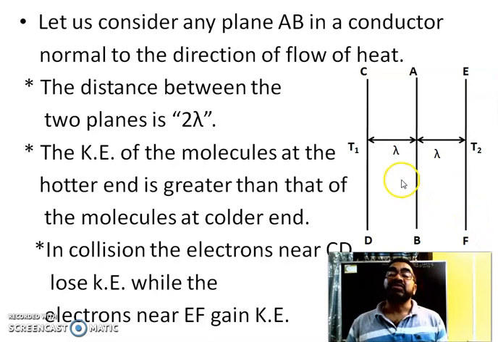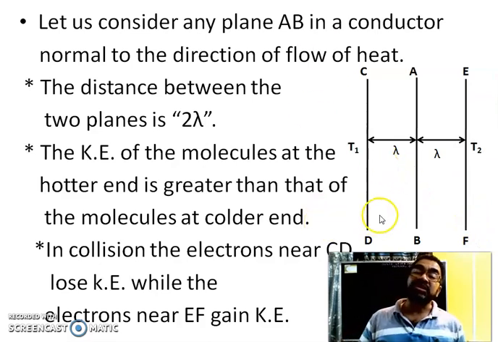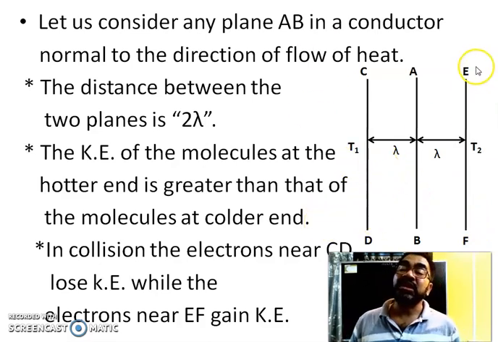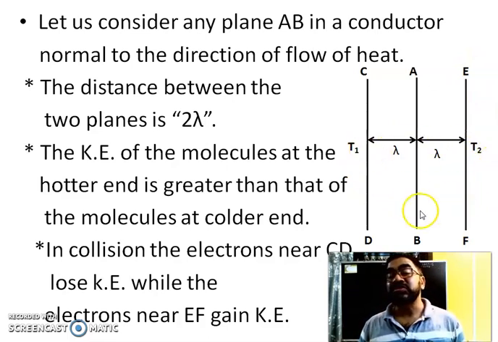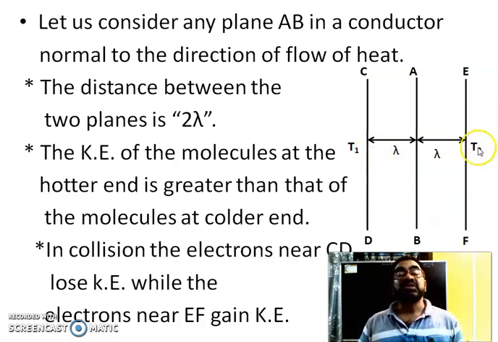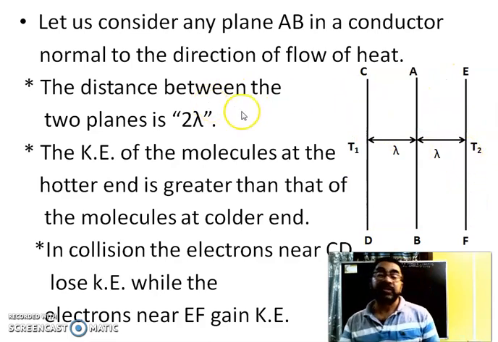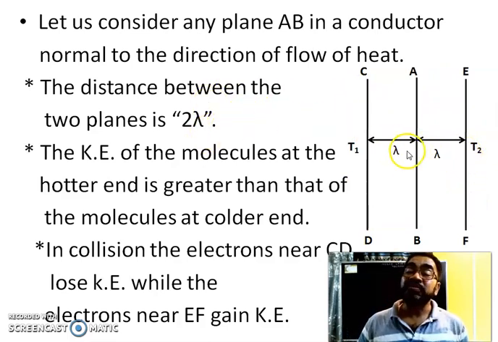We are considering CD at higher temperature T1 and EF at lower temperature T2, so that the heat flows from T1 to T2. T1 is greater than T2. The distance between the two planes CD and EF, with AB in between, is twice lambda, where lambda is the mean free path.